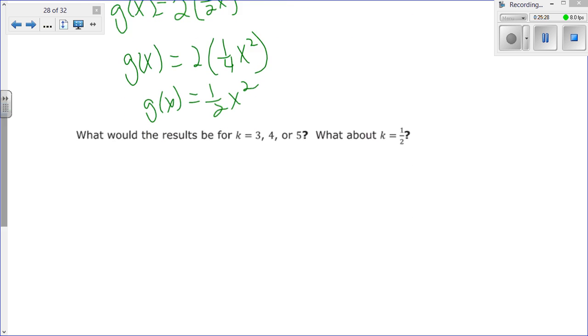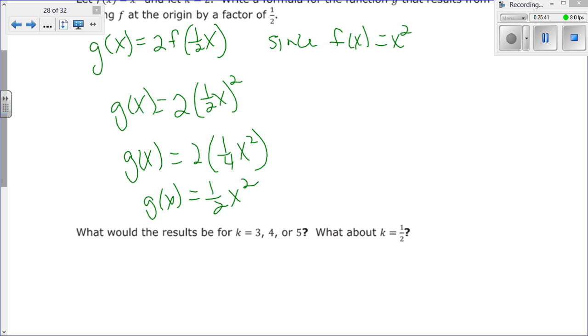What would the results be for k equals 3, 4, or 5? What about k equals 1/2? Well, I will do k equals 3 for you, and the rest you will need to do. So if k is equal to 3, I'm going to go back up here, we would have g of x equals 3 times f of 1/3 x.